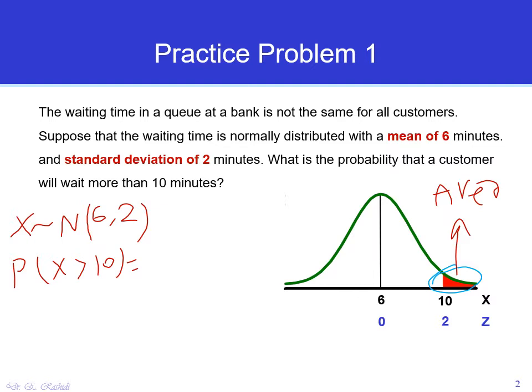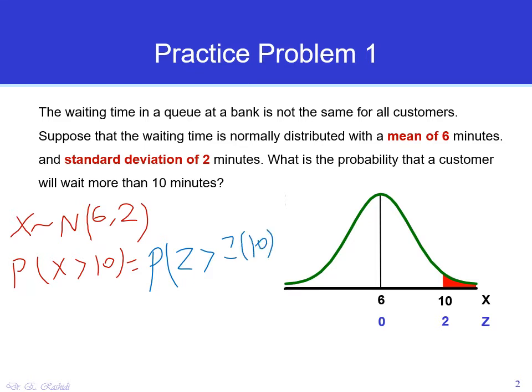So what we can do is convert this to a z distribution. This would be equal to the probability that z would be greater than the z score of 10.